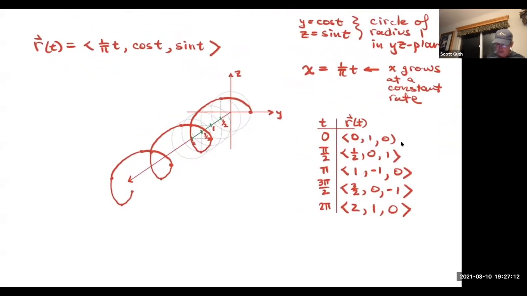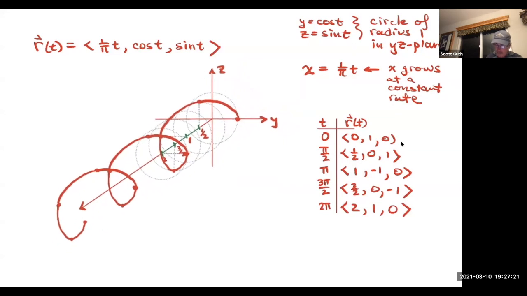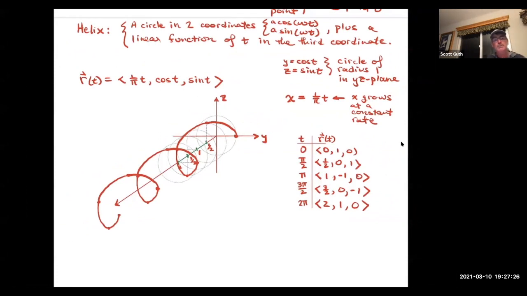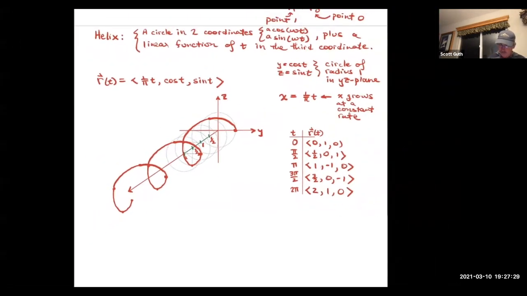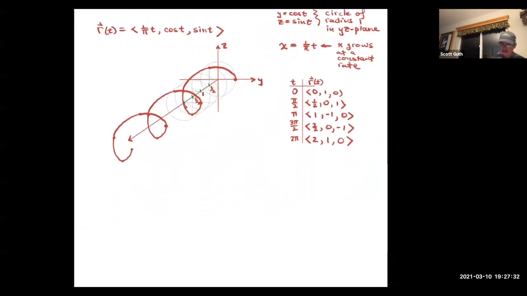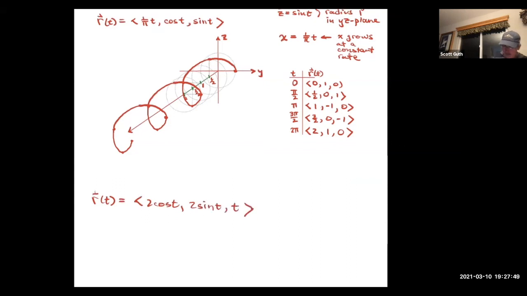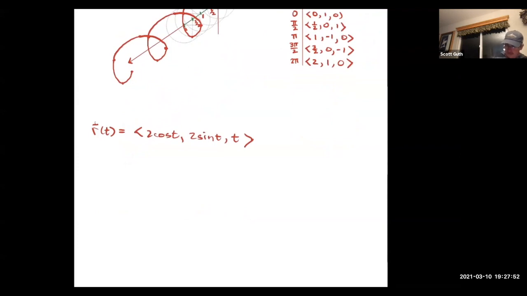And I'll enlarge this a bit so that if you look at it in the notes, it'll be a little easier to see. I don't think you need to be this careful. That's the last time I'll draw a helix with such care. Generally, if someone says R of T equals 2 cos T, 2 sine T, T, and somebody says, sketch that, then I'll say, oh, that's a helix in the XYZ plane.